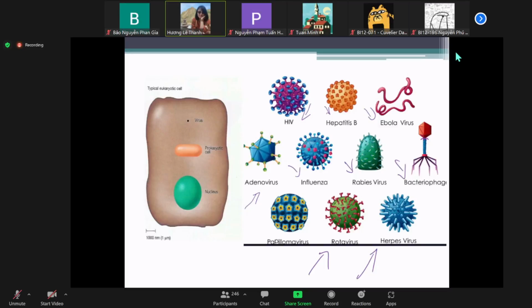You can see that the size of a virus is quite small compared to bacteria and to eukaryotic cells. It's even smaller than a ribosome. You can think that the ribosome is quite small inside the cells, right? But the virus is much smaller.